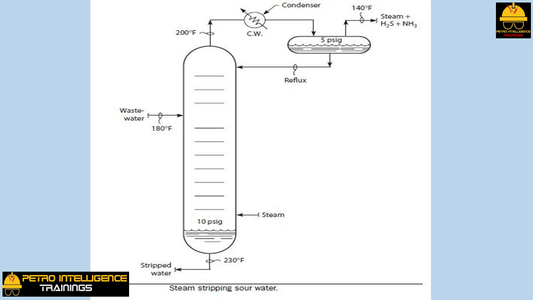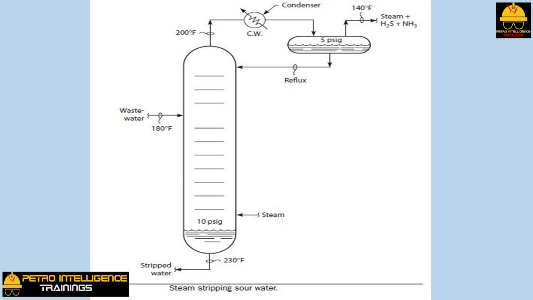The 140 degrees Fahrenheit reflux drum temperature, as shown in picture, is the dew point of the vapors leaving the reflux drum. Almost always, we would like to minimize this particular temperature. The lower the reflux drum temperature, the smaller the amount of steam in the off gas.